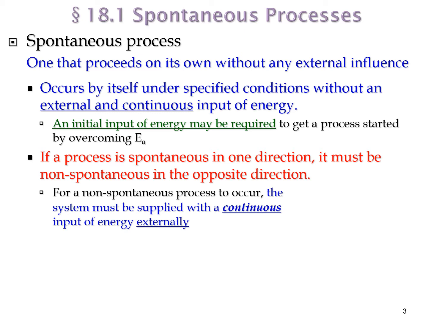And the word continuous means if we stop that input, this process stops. Kind of like if we unplug the power, we will no longer have a fountain. Because, like I said, water does not go from a lower position to a higher one. That is not spontaneous, which we call a non-spontaneous process.